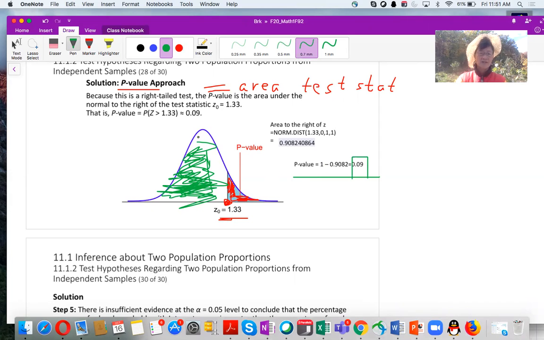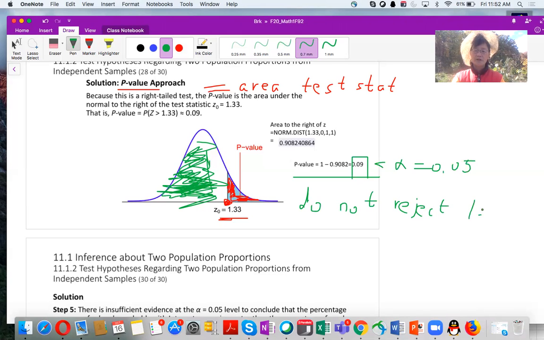So we get the p-value 0.09 from Excel. This p-value is larger than alpha, because alpha is given as 0.05. When the p-value is larger than alpha, do not reject H0. Same conclusion as we got from the classical approach: do not reject H0.